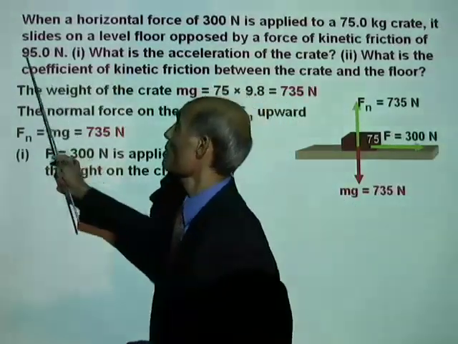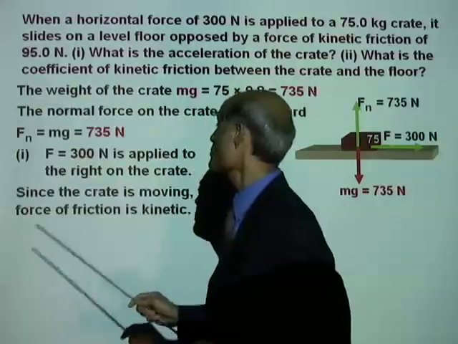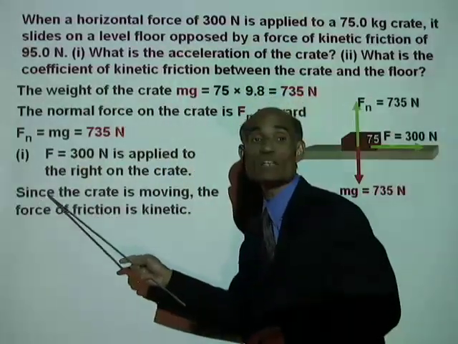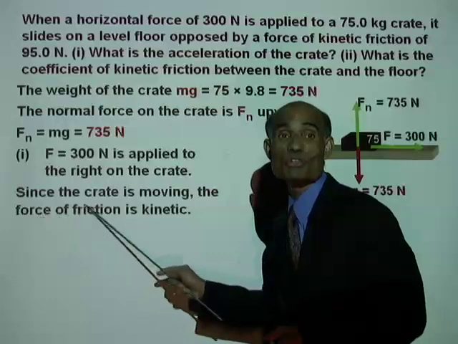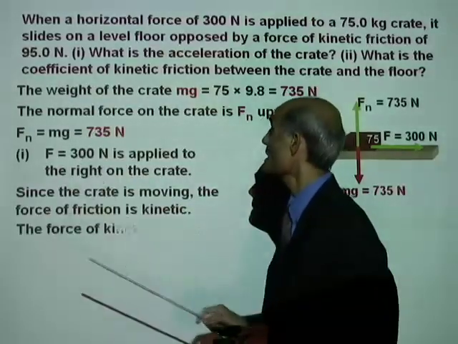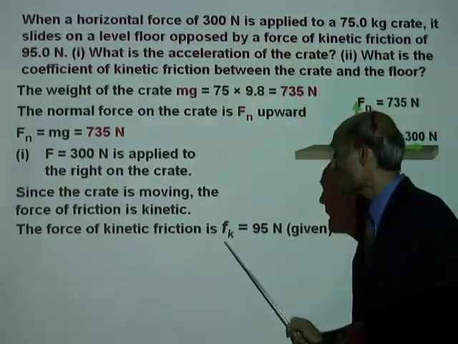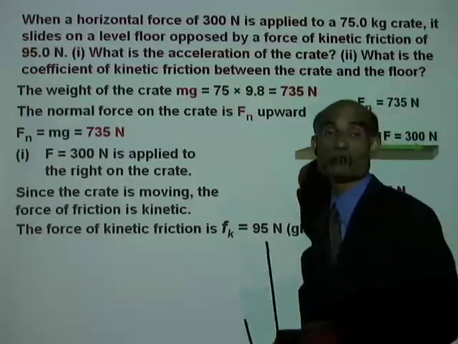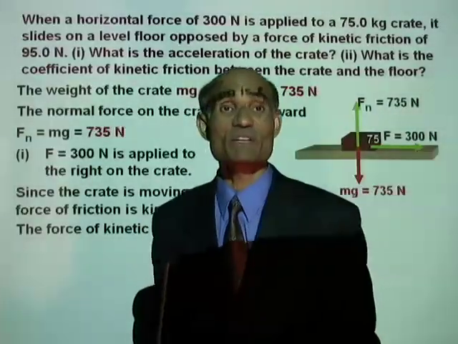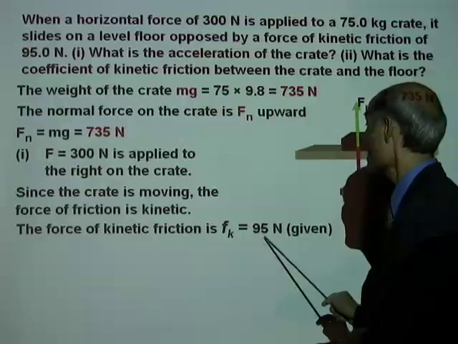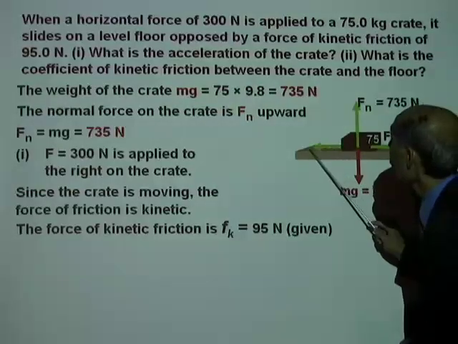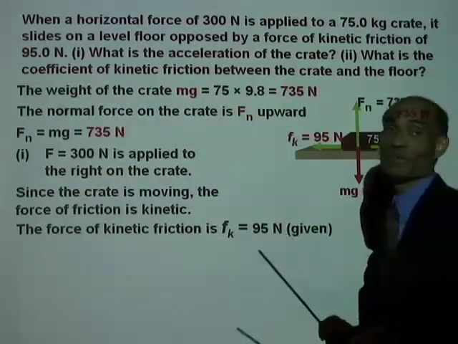How much is the frictional force? That is 95 Newton. Since the crate is moving, the force of friction is kinetic, and it is given as 95 Newton, and that will be opposing motion.